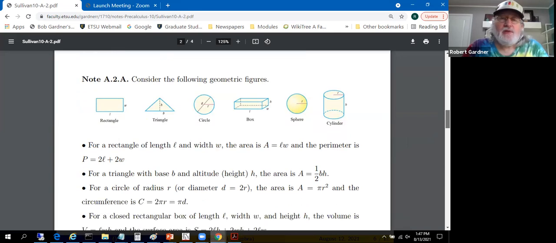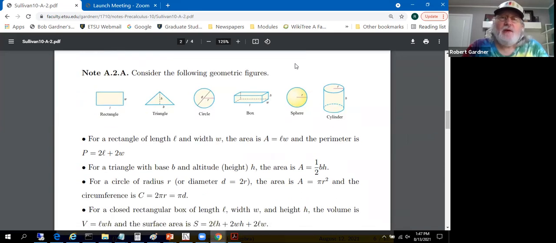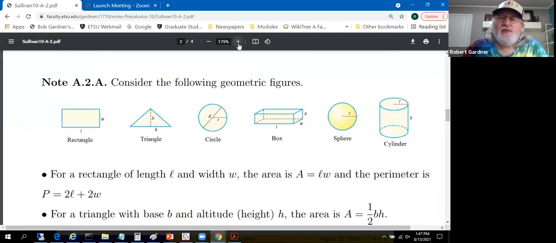And somewhat different topic. Let's look at these figures and make that a little bit bigger. I'm trying to get it all on these slides.